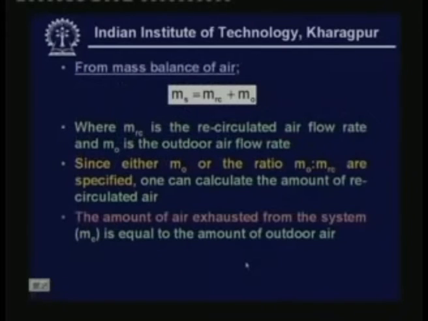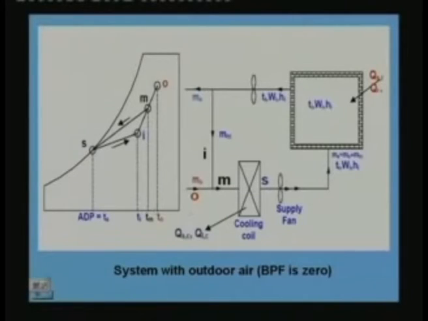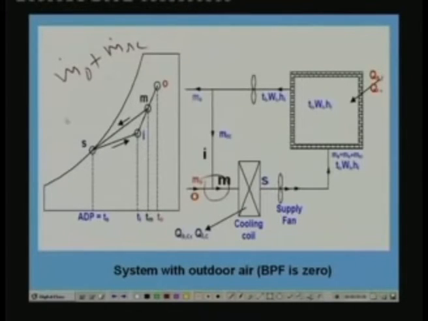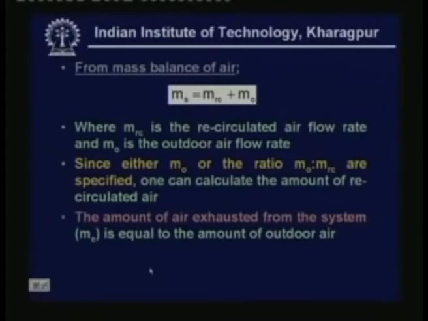This is already explained to you. From mass balance of air, at this point, you find that m dot O plus m dot recirculated is equal to m dot S. Because the mass is entering like this, mass is coming from this side and it is getting mixed, and the total mixed air is going in this direction, where m subscript RC is the recirculated air flow rate and m subscript O is the outdoor air flow rate.